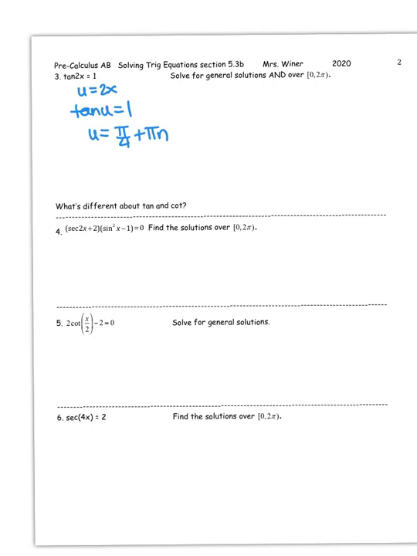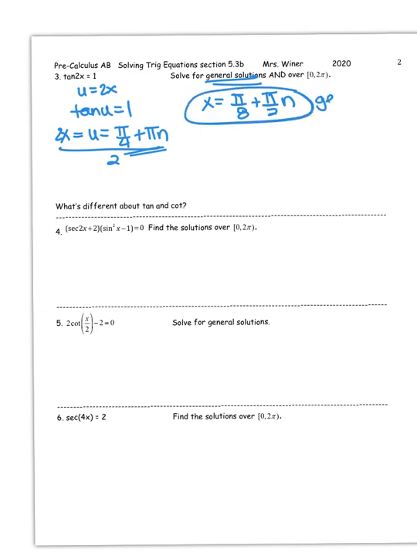So you would get it anyway. This generates 5 pi over 4, so you don't need it. So 2x equals that. I'm going to divide everything by 2. And I get that x equals pi over 8 plus pi over 2 n. Okay, that's general solutions.